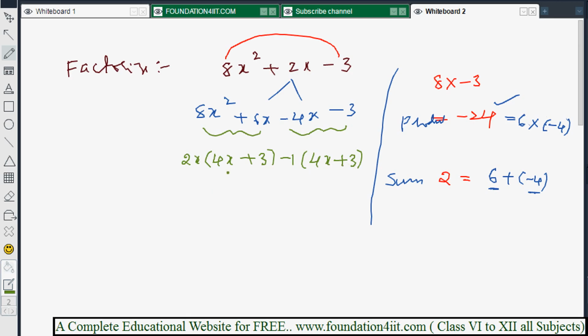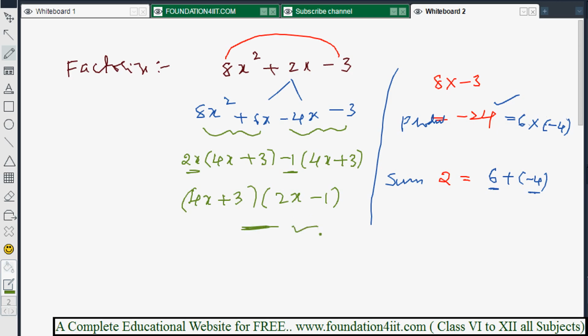Inside the bracket, the multiplier of this polynomial must be the same. So 4x plus 3 is a common polynomial, a common multiplier in both terms. Then 2x minus 1: 2x is the first and minus 1 from here. So 4x plus 3 into 2x minus 1, right?